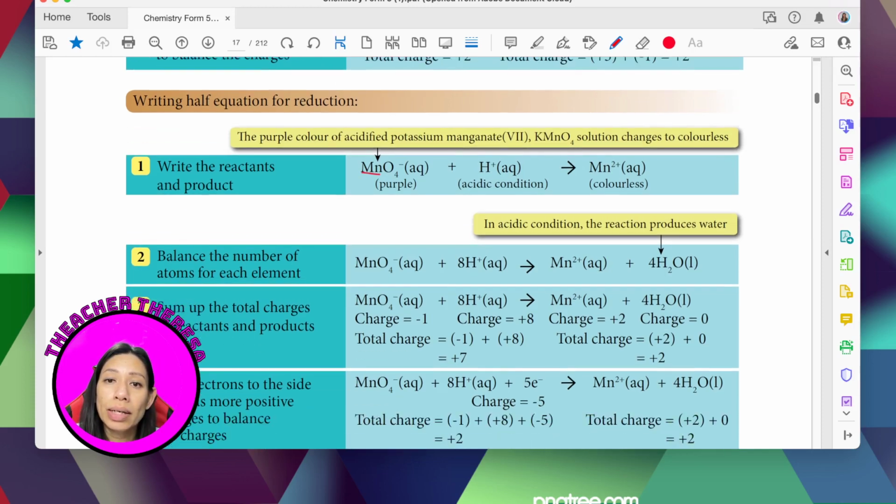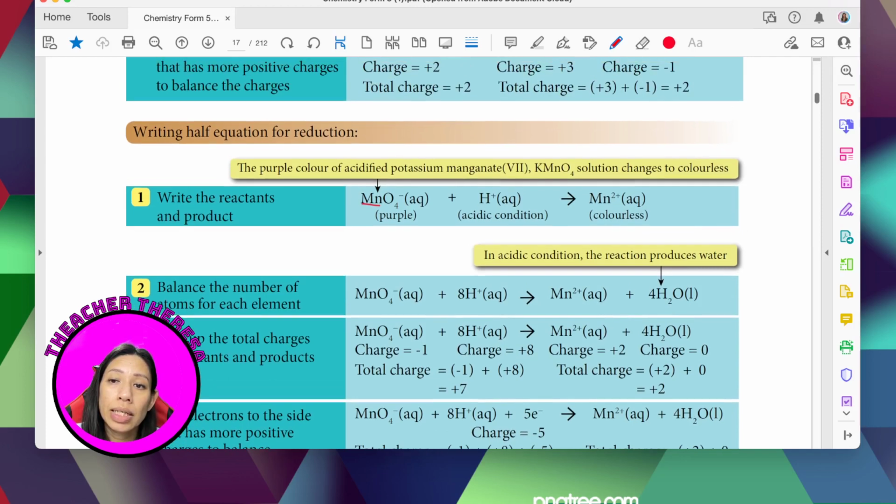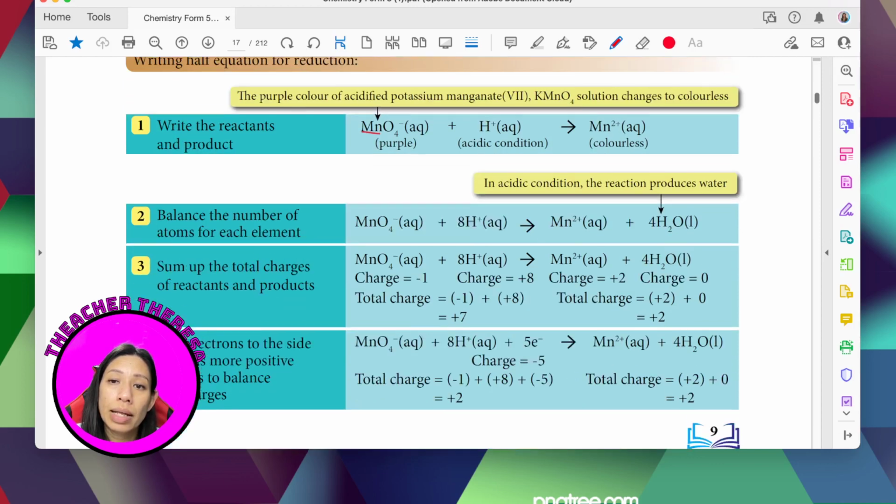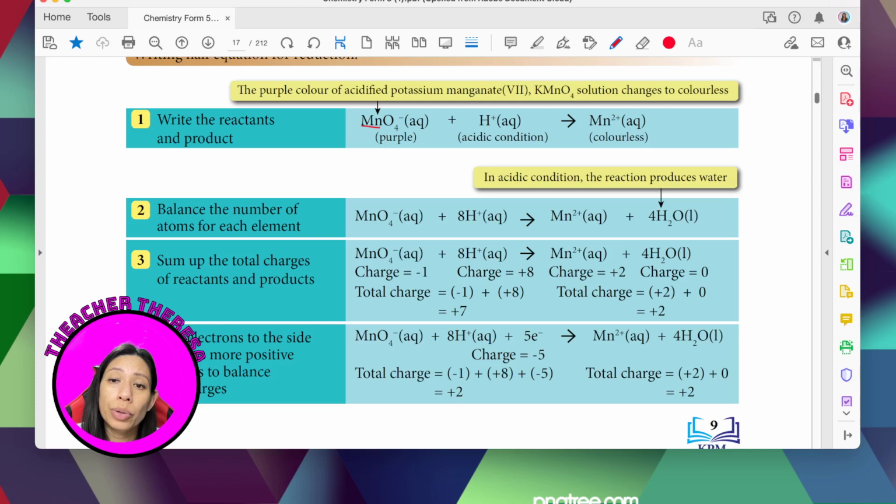What is going to happen is manganate, MnO4 minus, is going to receive, in the presence of hydrogen ions, electrons to form manganese(II). Then how do we further write the equation to balance it?